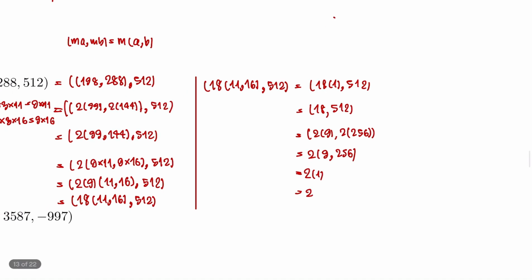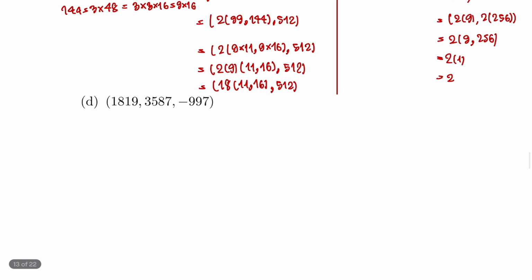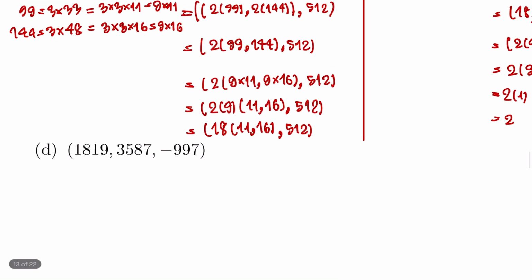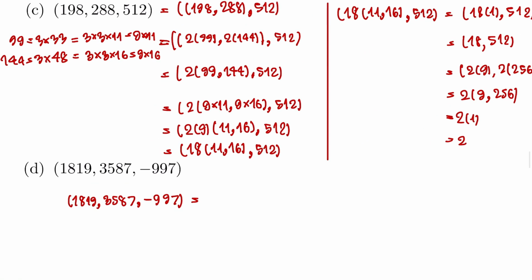Alright, let's go to this one. Right now we have a negative number, minus 997. So let's start with 1819, 3587, and minus 997. Where should we start?